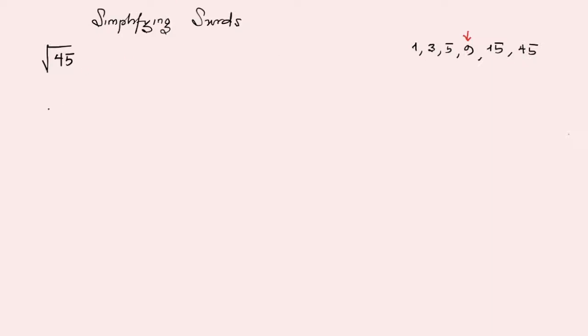So this is equal to the square root of 9 multiplied by, what do we have to multiply by 9 to get 45? That's 5. So 9 multiplied by 5. Remember what we just said, that the square root of ab is the same as the square root of a multiplied by the square root of b.